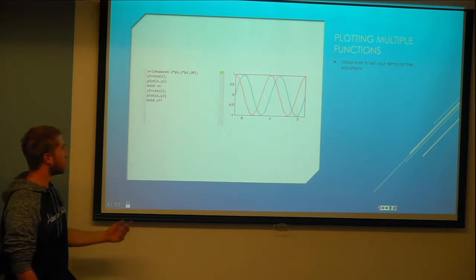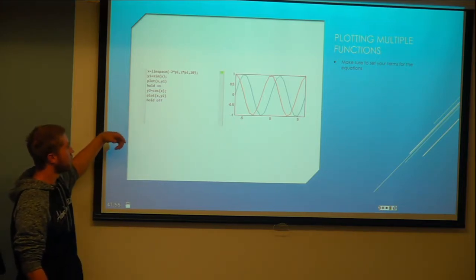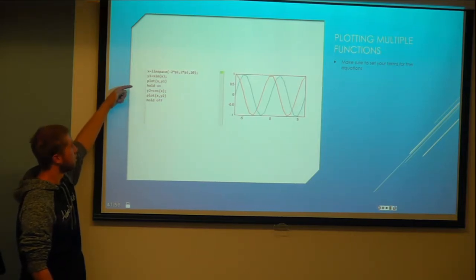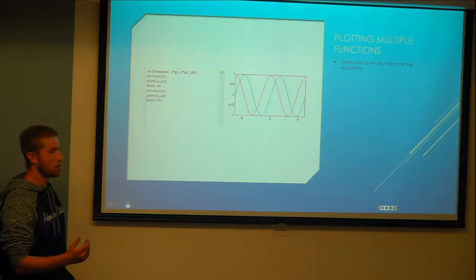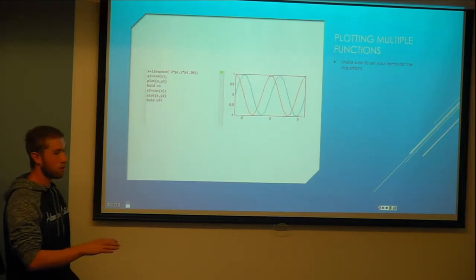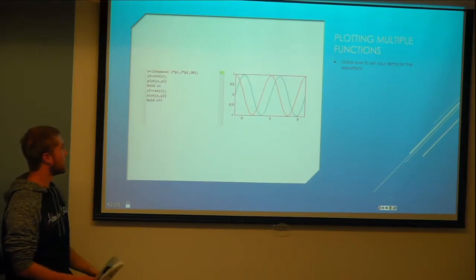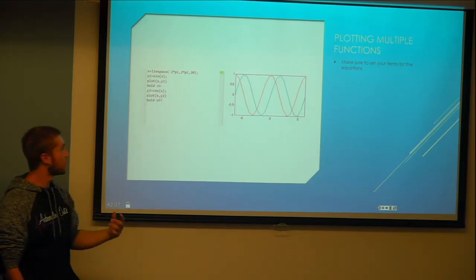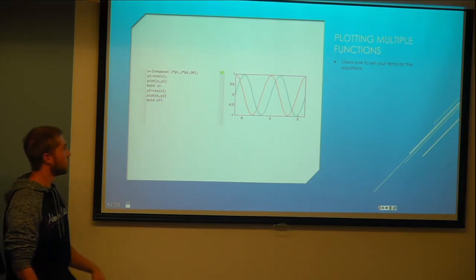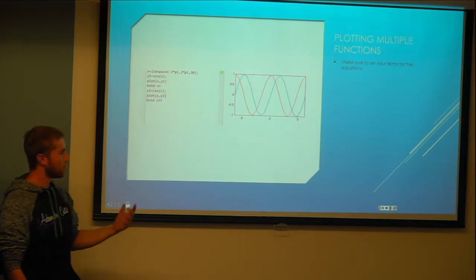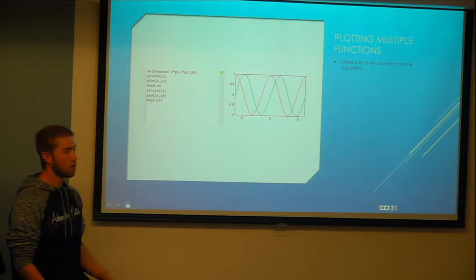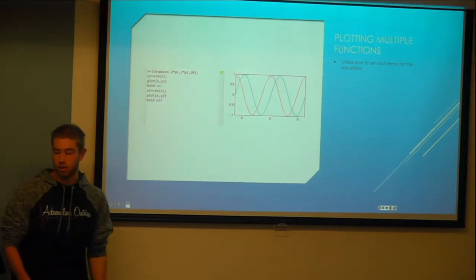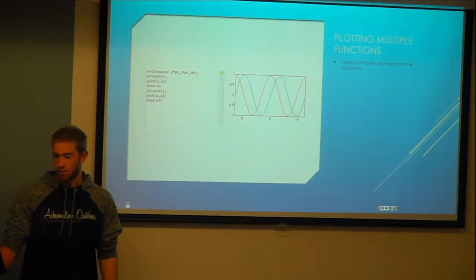You define each one at once, so I did plot x and y1, then you do hold on to say that you're going to type some more, then you type your y2, and you plot your x and your y2, and then that'll plot it. Make sure to put your semicolons, because otherwise it just won't let you do it.